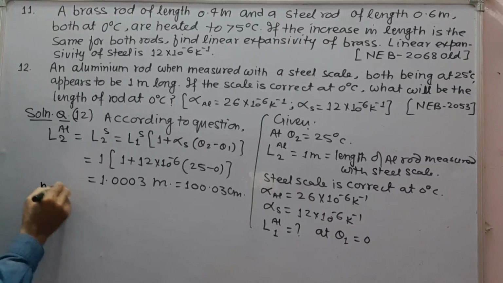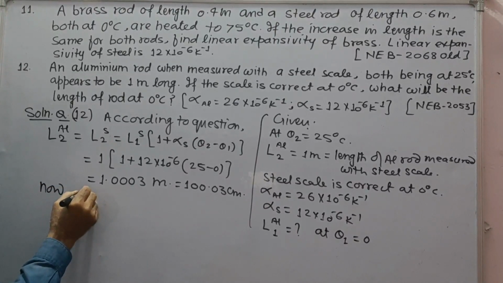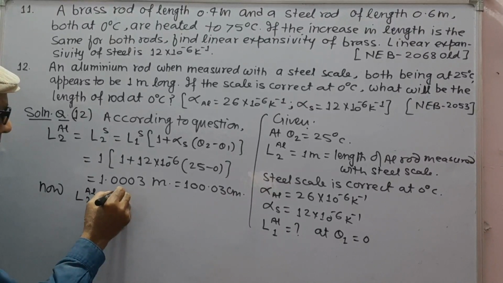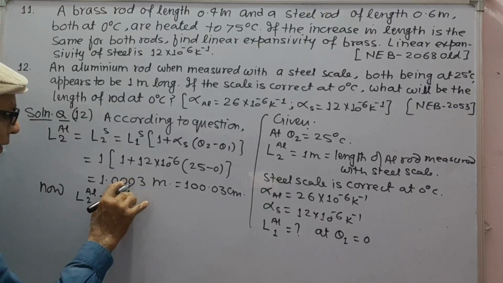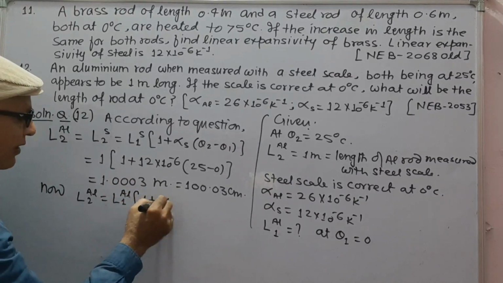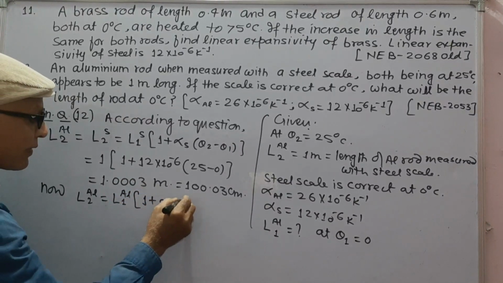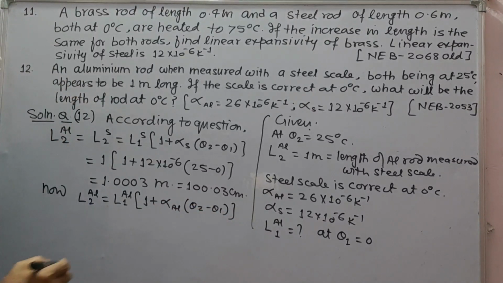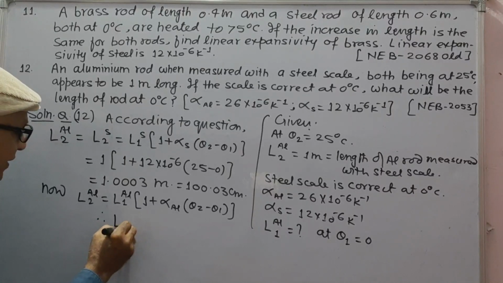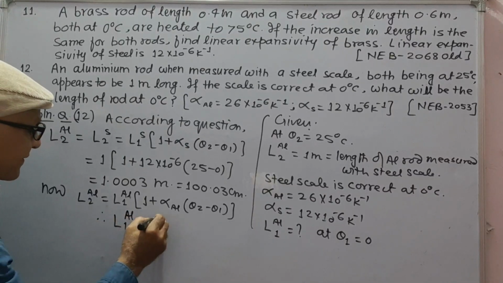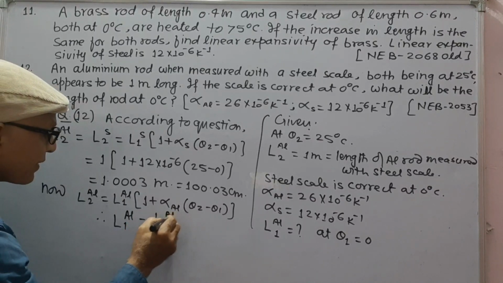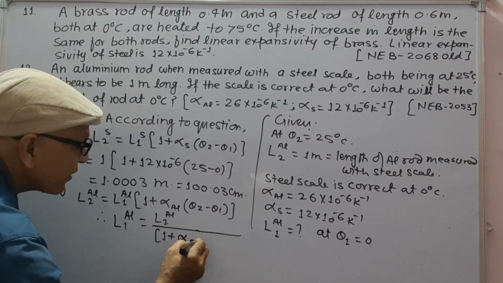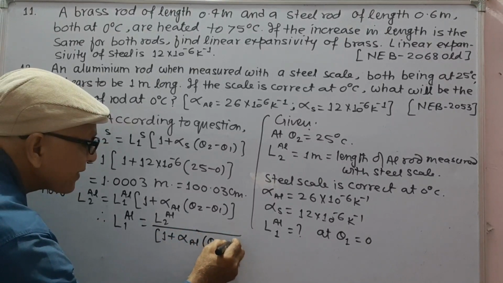Now L2 aluminum will be equal to L1 aluminum into 1 plus alpha aluminum into theta 2 minus theta 1, which gives L1 aluminum as L2 aluminum divided by 1 plus alpha aluminum into theta 2 minus theta 1.